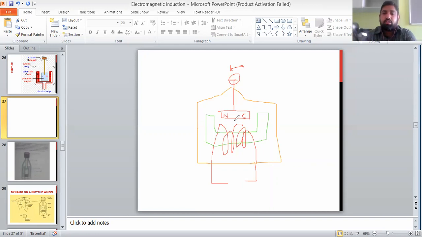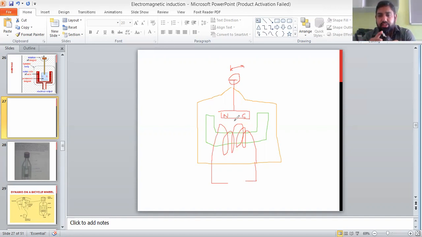This is the commonly used form of a dynamo, and you can see the disc at the top. When it rotates, it is connected through a rod to a magnet which is placed inside the coil. I have the coil at the base, so when the disc rotates, the magnetic field rotates in the coil, and I have two outputs here.